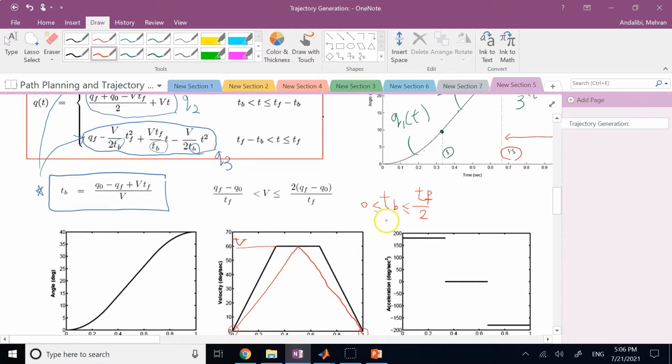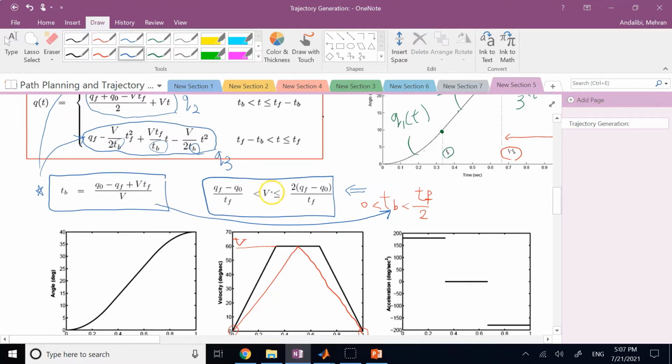So really, if you want to be realistic, the equalities here are not really appropriate. It has to be less than that and bigger than 0. And so if you now set this to be bigger than 0 and then less than T final, correct? So that formula for T blend, if you plug it up here, then it leads to this inequality that you would see here.